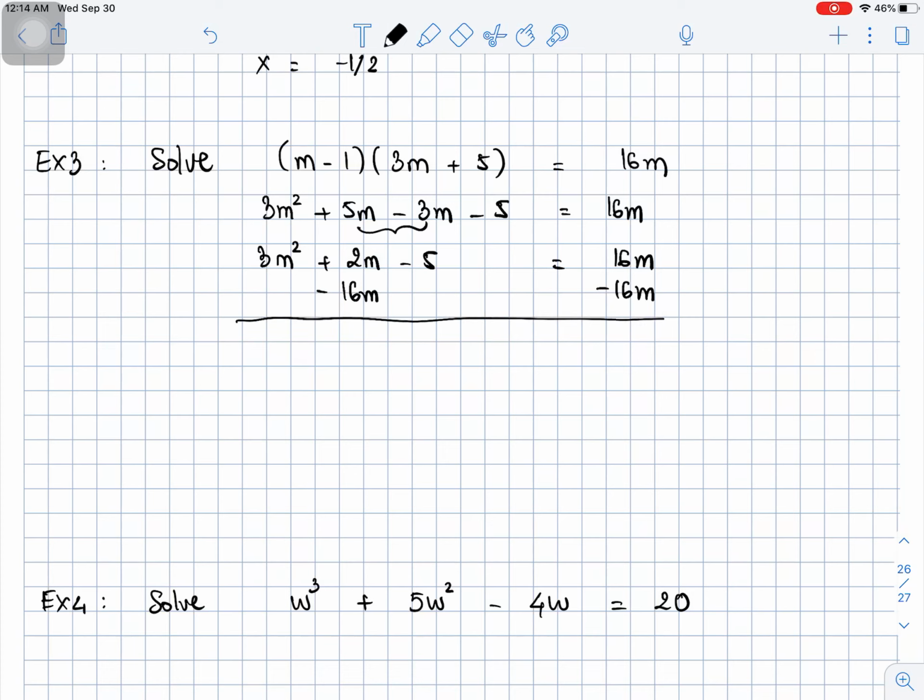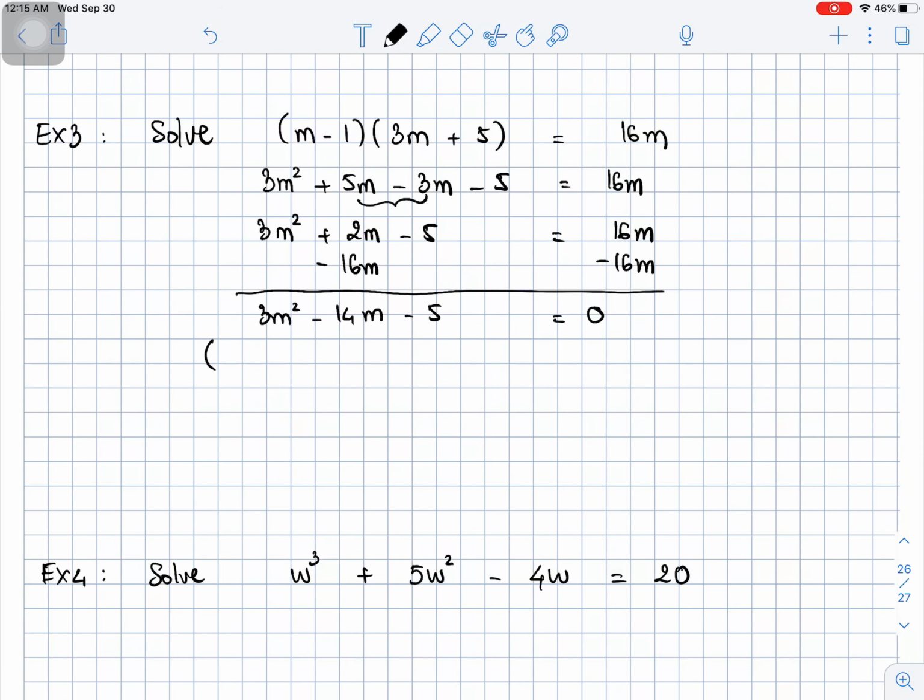We need to have a zero on one side, so we subtract 16m from both sides. Then we get 3m squared minus 14m minus 5 equals 0.